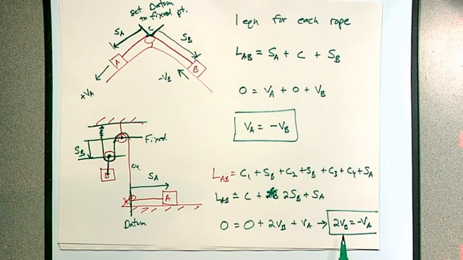For every 1 unit that B moves, A moves 2 units. That's what pulleys do, right? So that's what we have here.